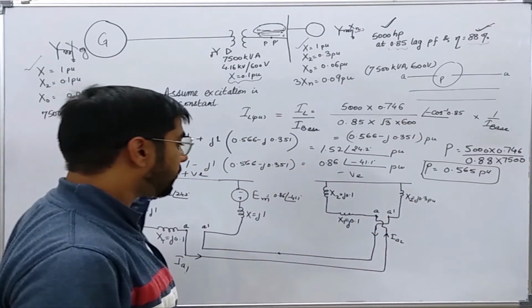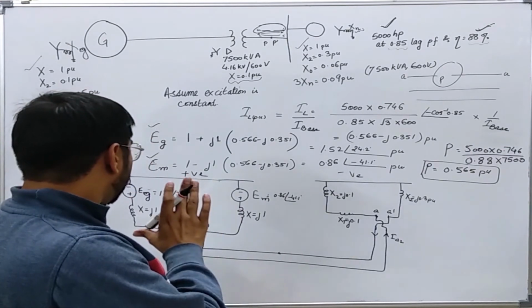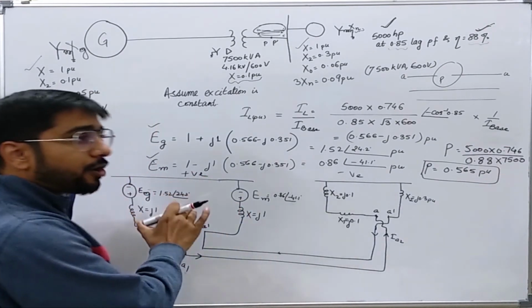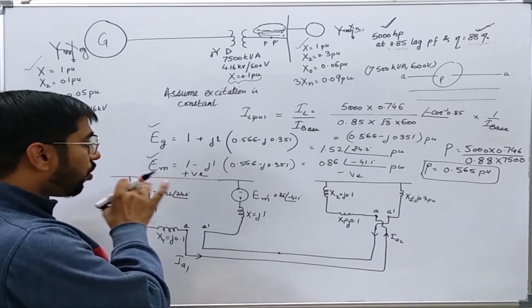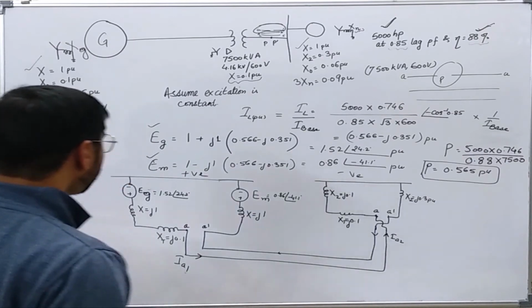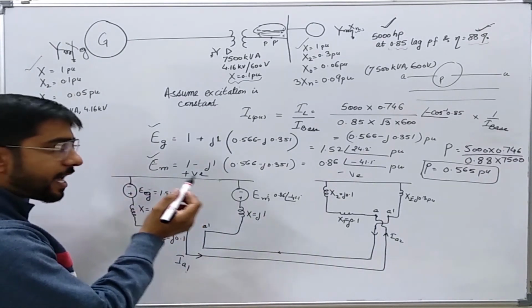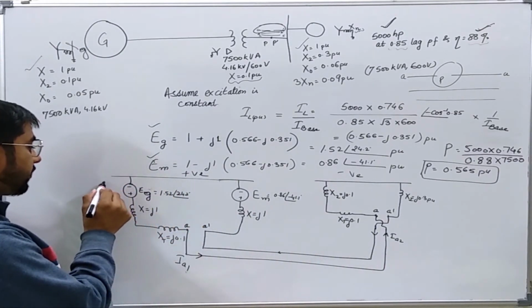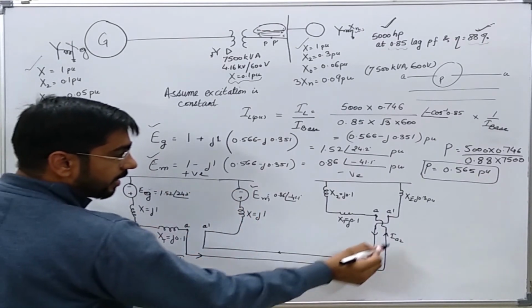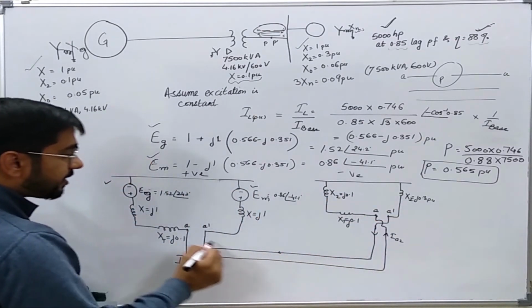Okay, so you see, now we can easily find the per unit power which this motor is going to get from the system. How? We have seen it is a scenario in which there is one voltage source, this is the other voltage source, and in between there are reactances.